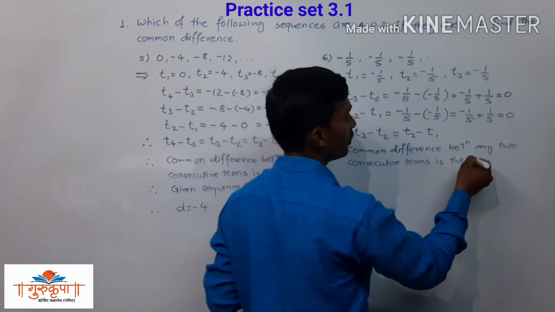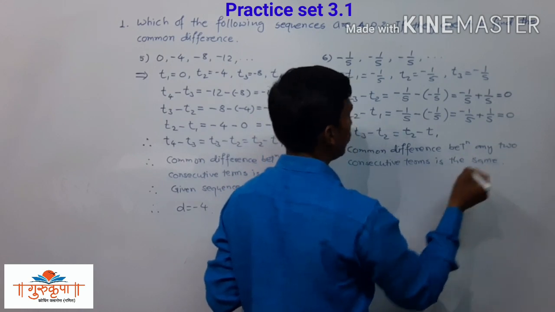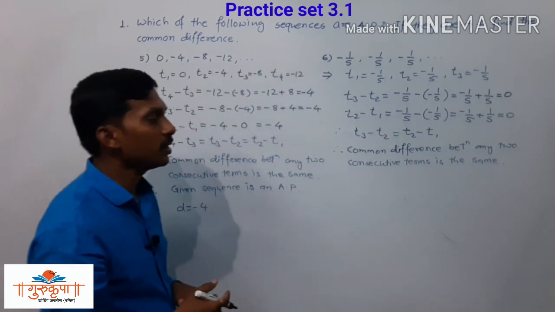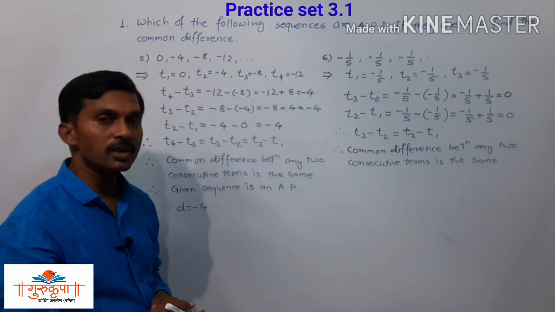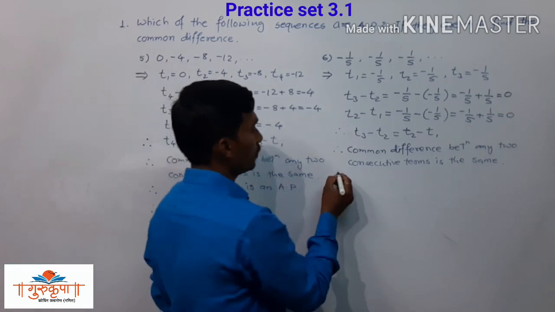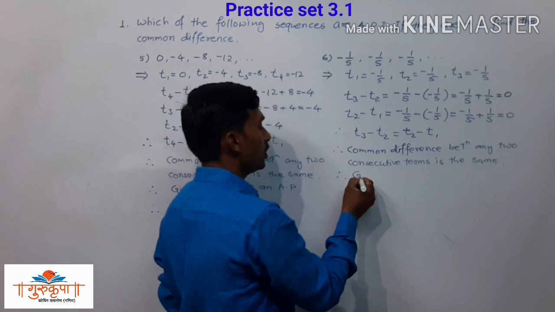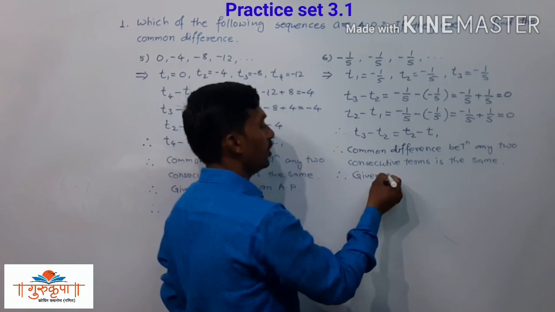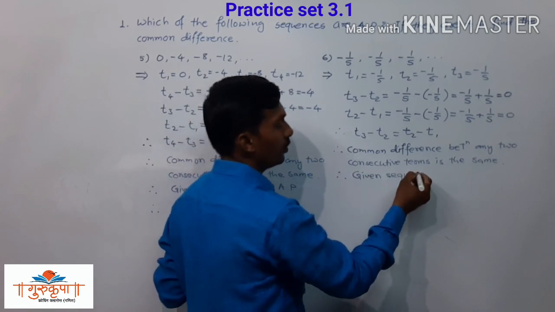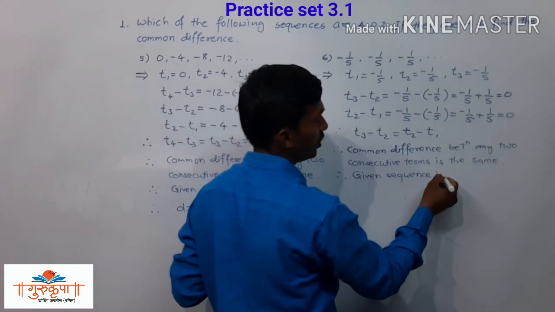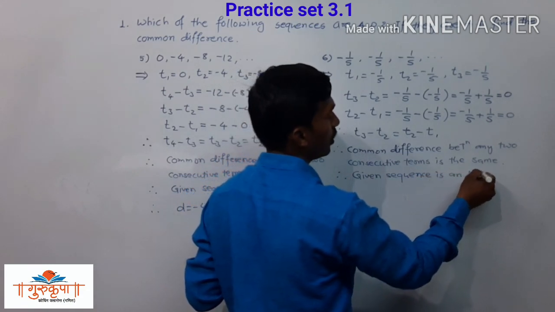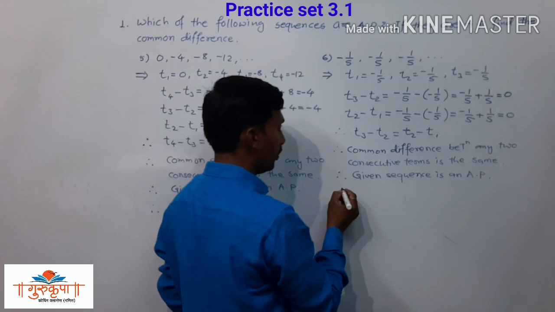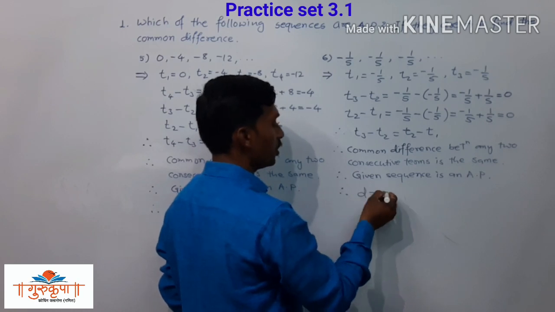Common difference between any two consecutive terms is the same. Therefore, the given sequence is an AP, and the common difference is 0.